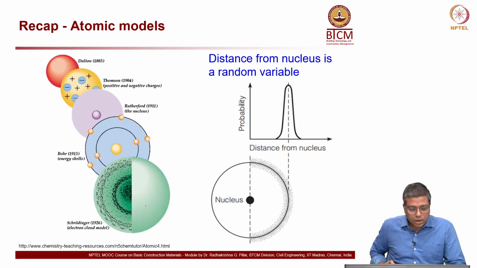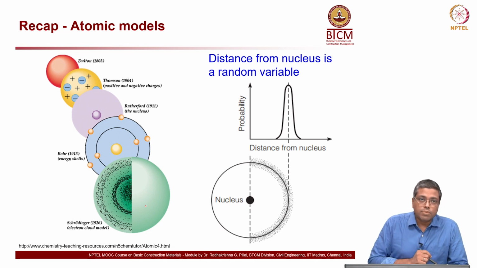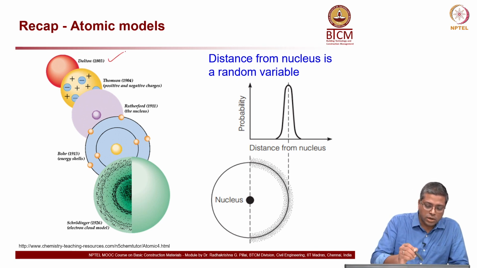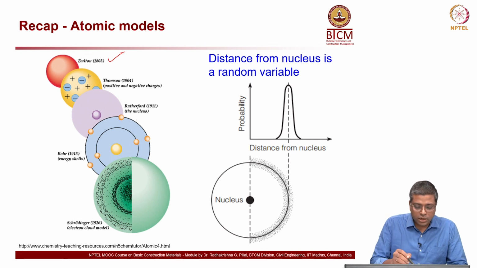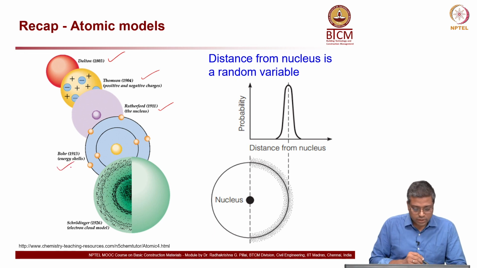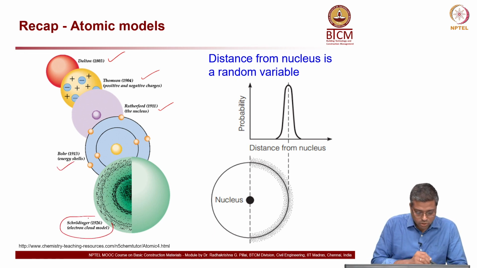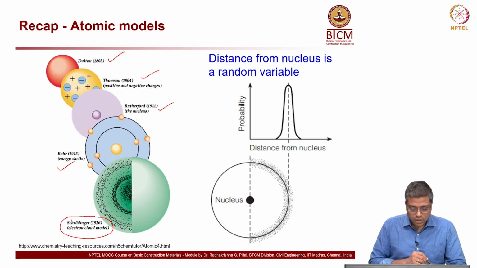Okay. Now, looking at atomic models, the left side image shows the evolution of different models which describe the atom, starting from Dalton's model in 1803, then Thomson in 1904, then Rutherford in 1911, Niels Bohr in 1913, and finally Schrodinger's model in 1926.